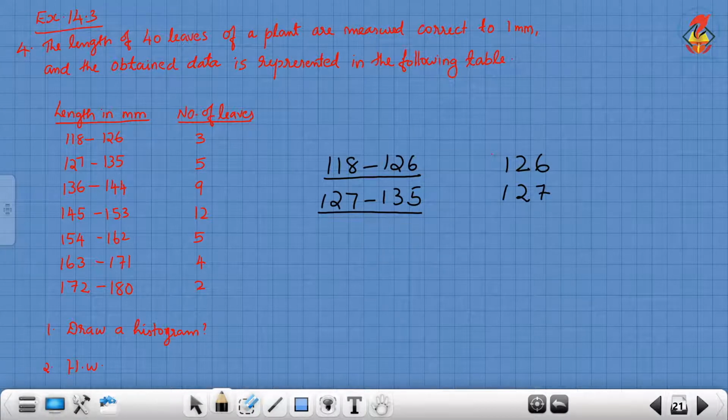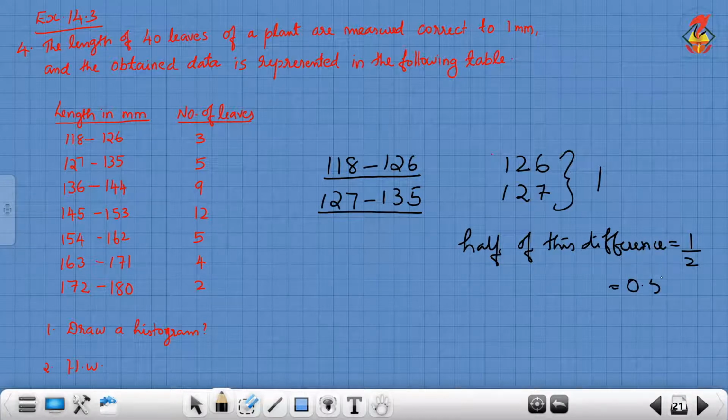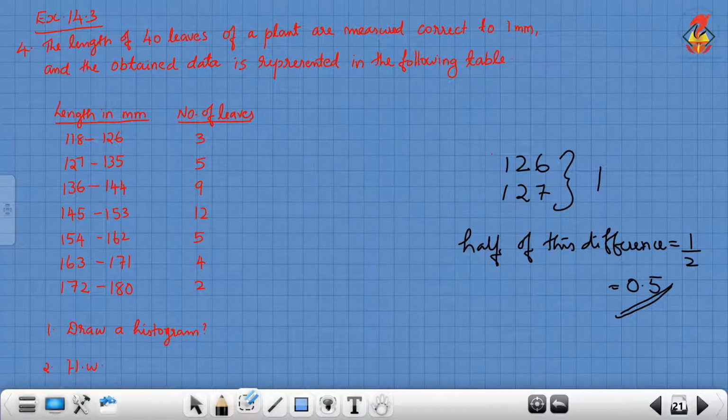What is the difference between these two numbers? 1. What is half of the difference? 1 by 2, that means 0.5. This number 0.5 should be subtracted from the lower limit and added to the upper limit. Then you can change the class interval into a continuous class interval.